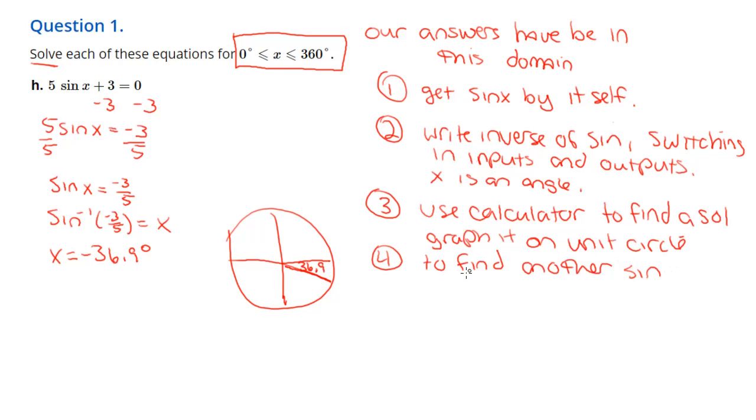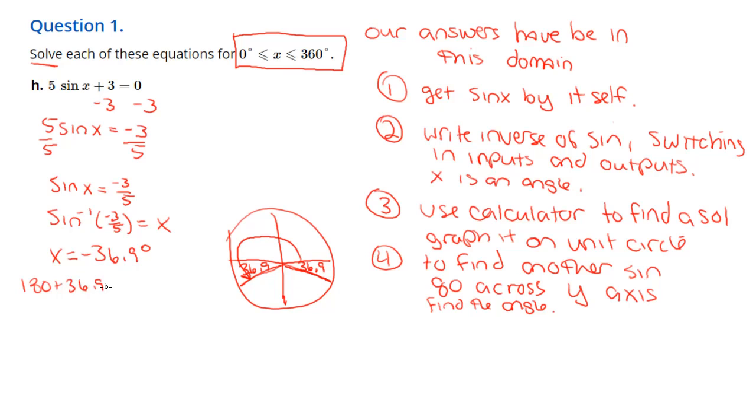Now, the other angle is going to have this same little triangle of 36.9 degrees, and so the way we find it is to add 180 and 36.9, because we're looking for positive angles. When I do that, I get 216.9 degrees. And see, now that one is within the range.